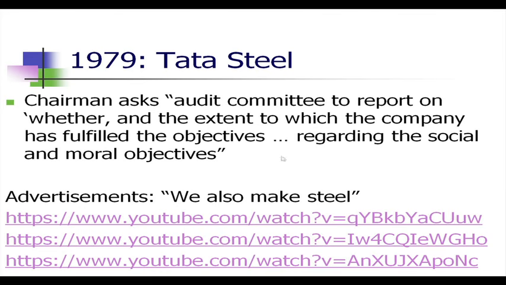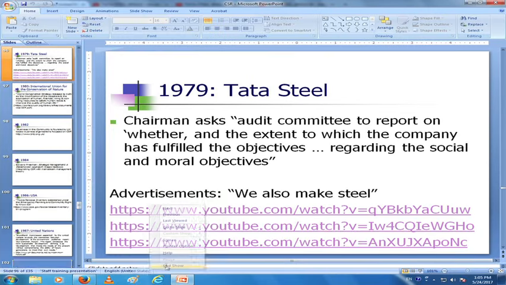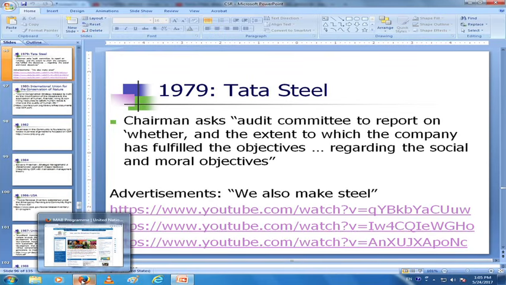And the advertisements here, now I should show you this advertisement, it's very interesting. These advertisements, some of you may remember, came up, and these were some of the first advertisements. This was the first time that Indian CSR efforts were on the international map. So let's see these advertisements.